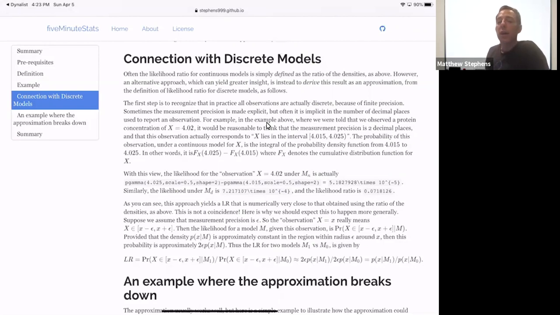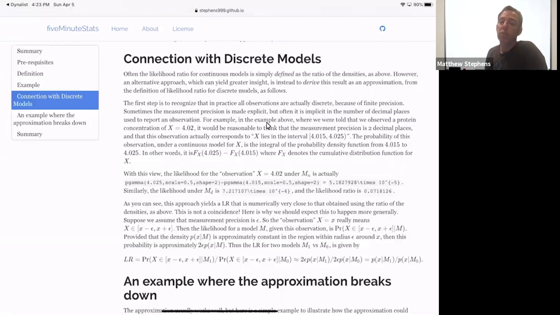So now you actually have a discrete observation, right? You've got an event that X lies in that interval, to which you can assign a probability. And of course, that probability is the integral of the probability density function between those 2 points.